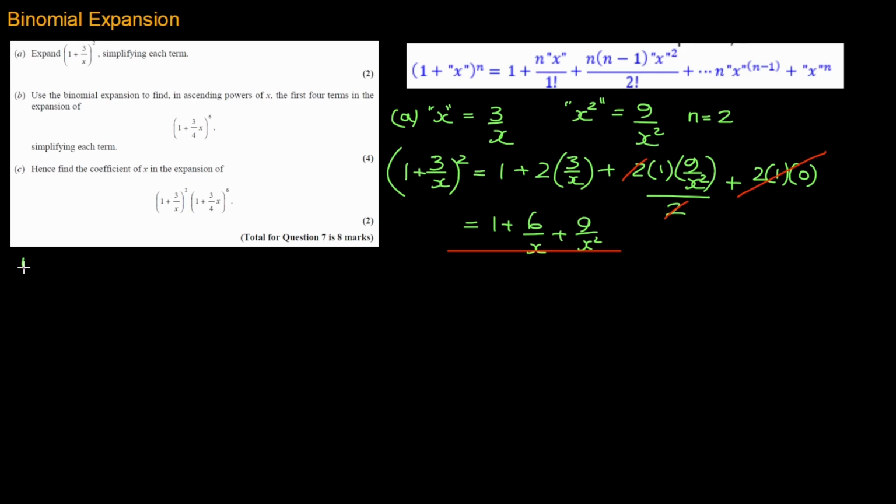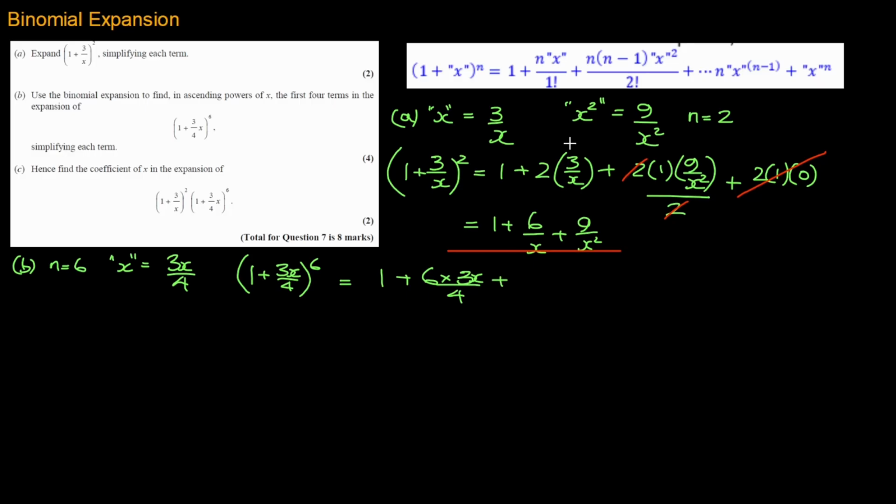Now, in part B, we've got to find the first 4 terms of this expression. We've got n is equal to 6, and we've got 'x' is equal to 3x over 4, and we've got to do this for the first 4 terms. So 1 plus 3x over 4, raised to the power 6, will be equal to 1 plus n times 'x' over 1. So this is 6 multiplied by 3x over 4, and I'm not going to bother about the divide by 1.